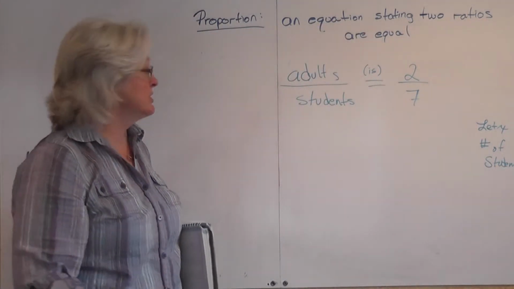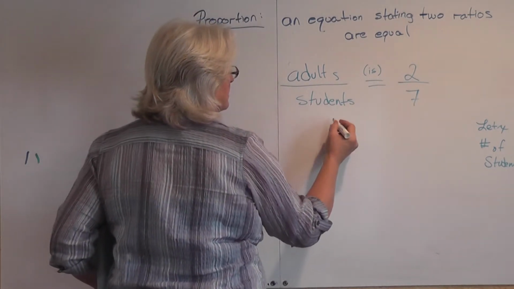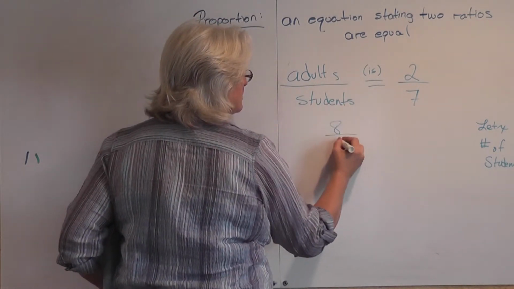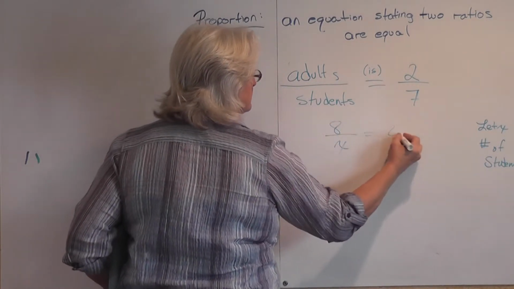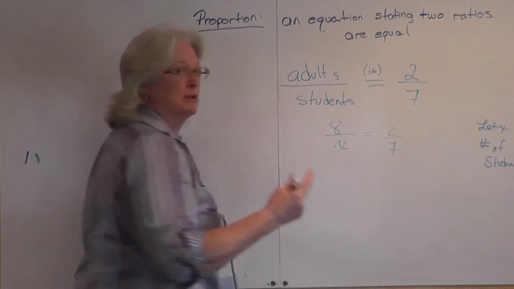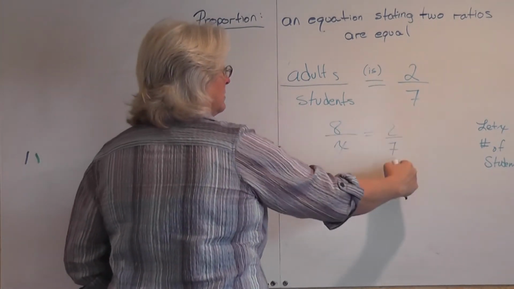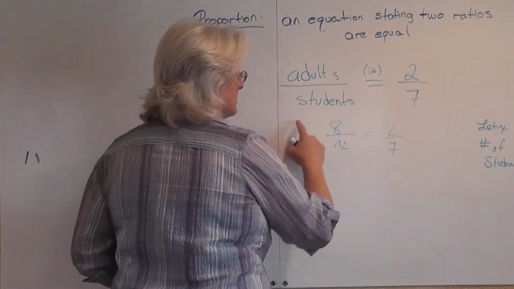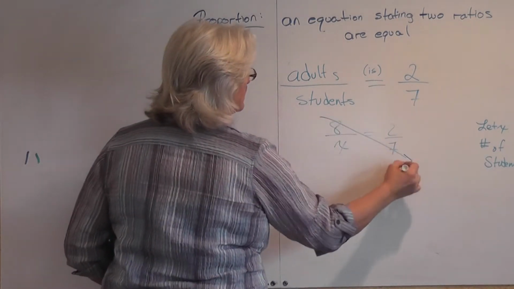Now we have an expression that we can come up with. There are 8 adults. How many students are there? We don't know. We're going to use an x. Because we know that the relationship or the ratio, the comparison between adults and students is going to be the same. We're going to do cross products.